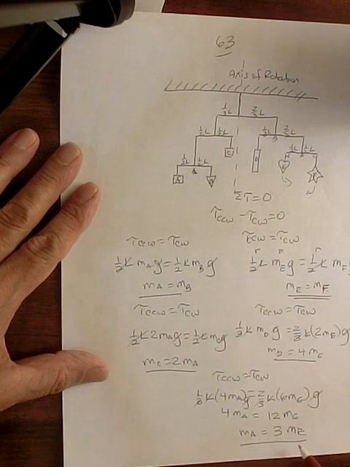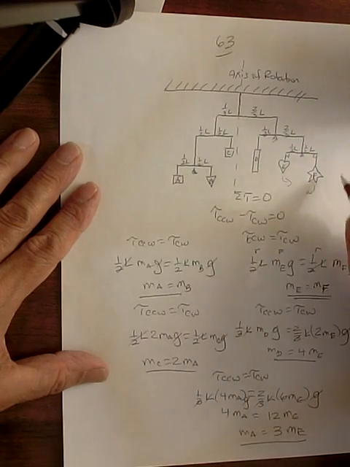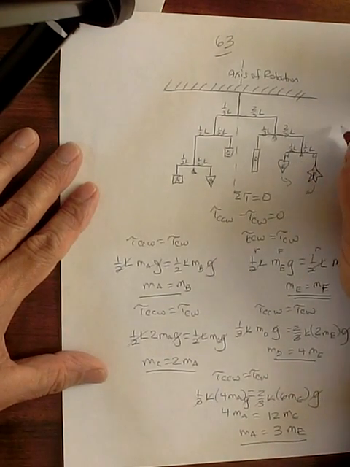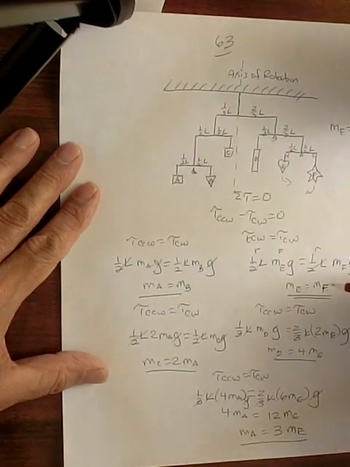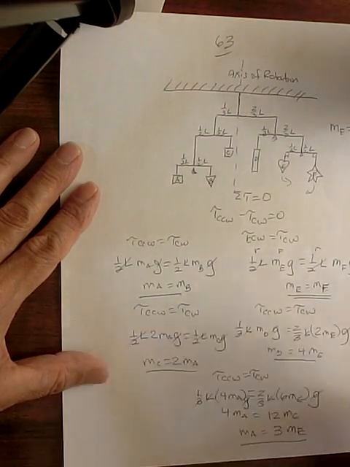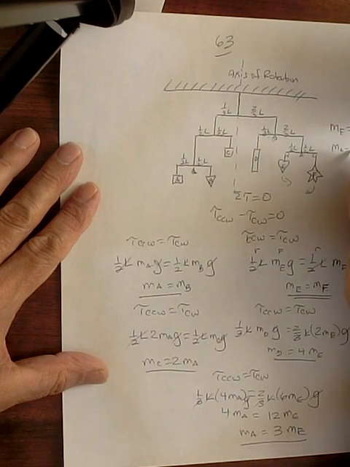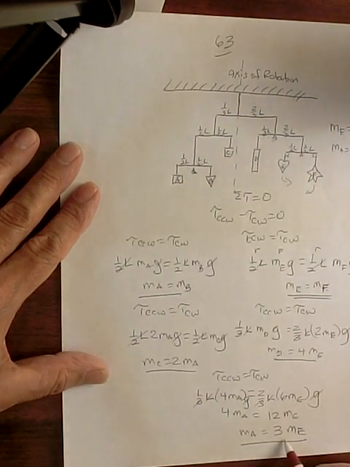And then, so we can go through and set up something. I'm going to do it up here because I ran out of room. So we have mass of E and F are the same. And then we have that the mass of A and the mass of B are the same, but they're 3 times the mass of E, based upon our last statement.